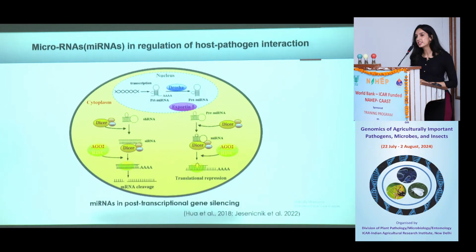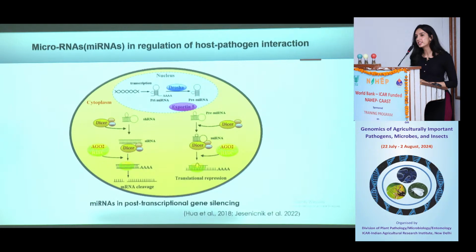MicroRNAs are endogenously synthesized small RNAs. Endogenously in the nucleus, they are synthesized from the pre-miRNA genes. These pre-miRNA genes inside the nucleus are acted on by different enzymes, and these enzymes in turn produce the pre-miRNA containing a preliminary stem-loop structure. That is the characteristic feature of these microRNAs, and these microRNAs are transported into the cytoplasm.